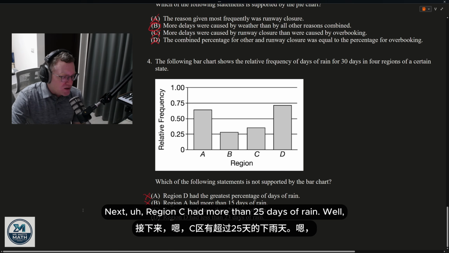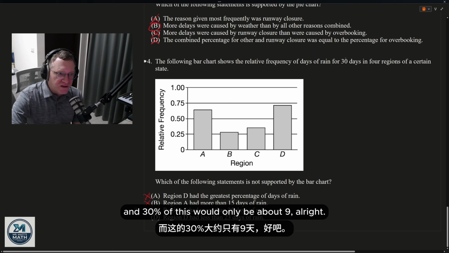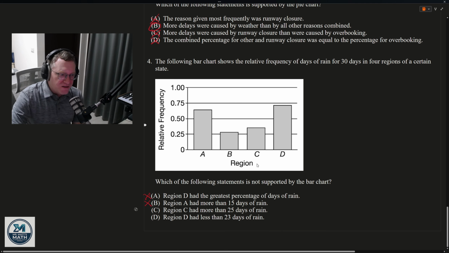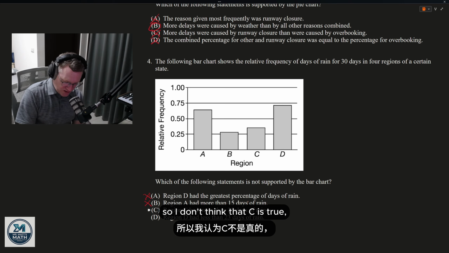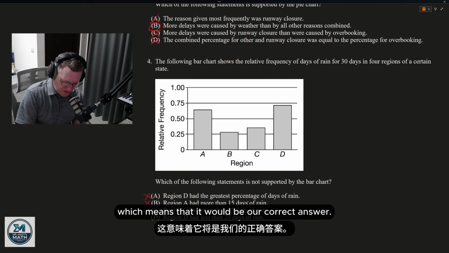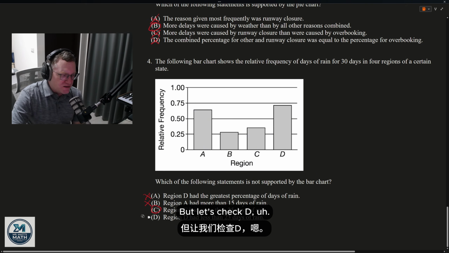Okay, next, region C had more than 25 days of rain. Well, I don't know about that. It looks like this is around 30%, and 30% of this would only be about 9, all right? And it says more than 25, so I don't think that C is true, which means that it would be our correct answer. But let's check D quick.